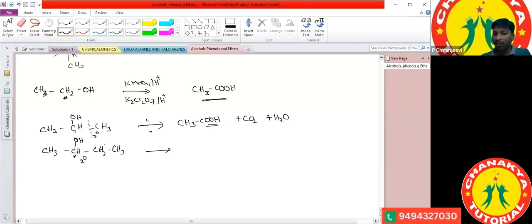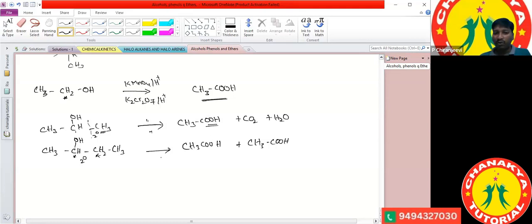So this carbon is converted into the carboxylic acid, CH3-COOH, and the CH3-CH2 carbon is also converted into the carboxylic acid, forming CH3-COOH. Now we have the clarity: if a terminal carbon atom is there, it is converted into the carboxylic acid.